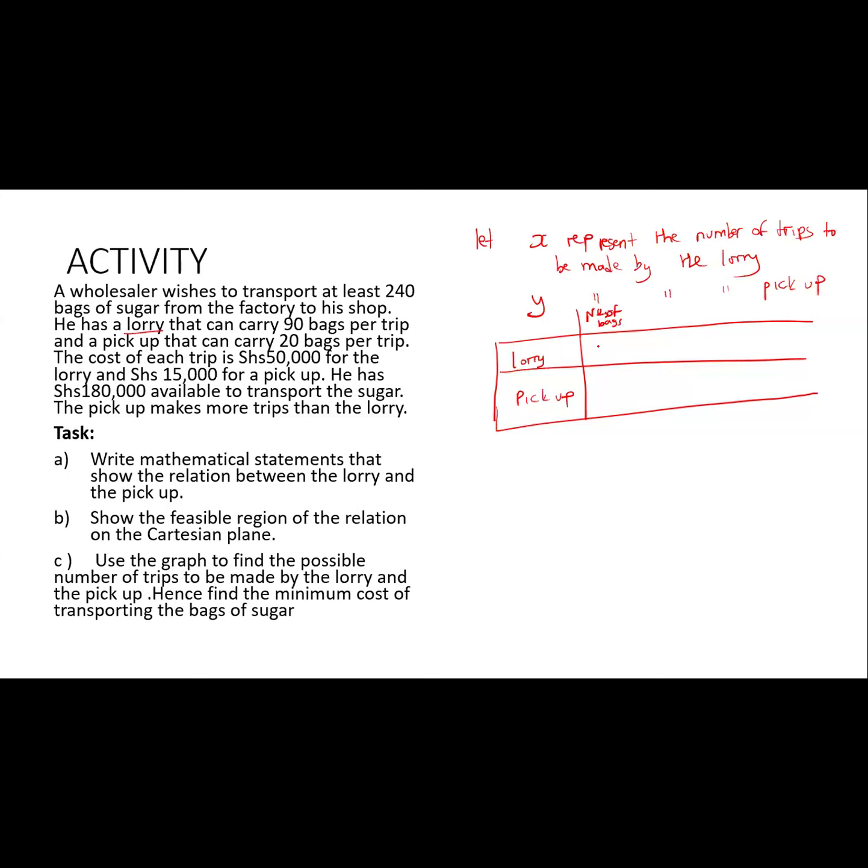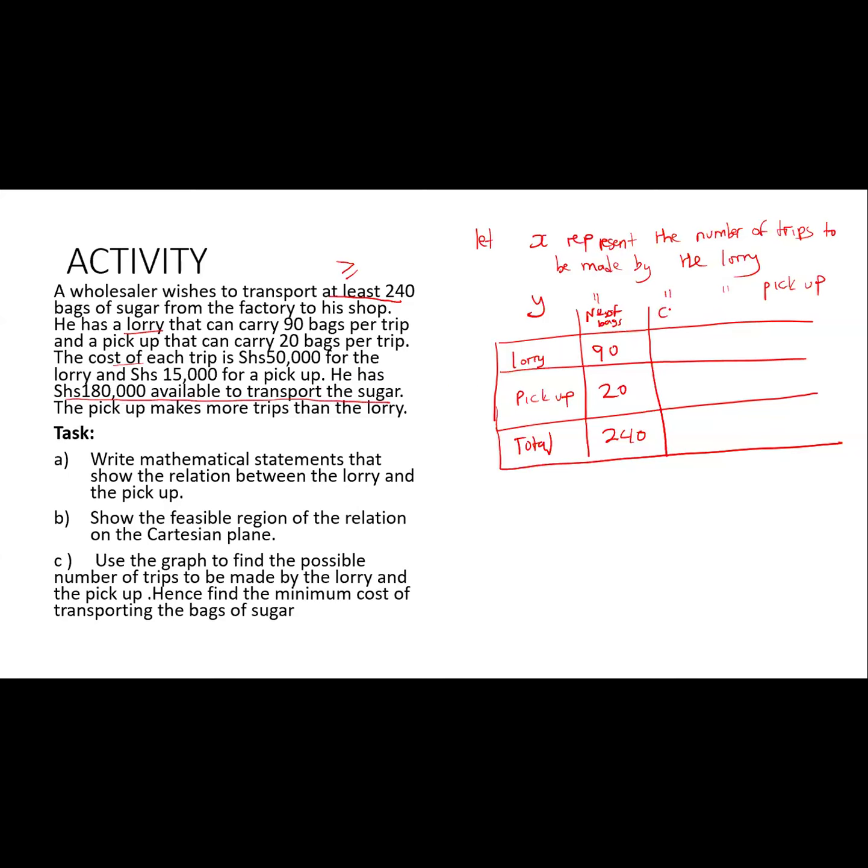In total, this person wishes to transport at least, which means greater than or equal to, 240 bags. Then you continue: the cost of each trip is 50,000 for the lorry and 15,000 for the pickup. He has 180,000 available to transport the sugar.